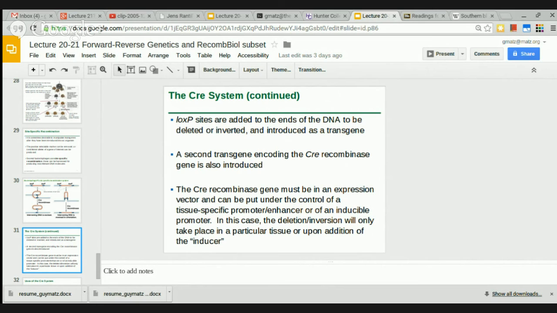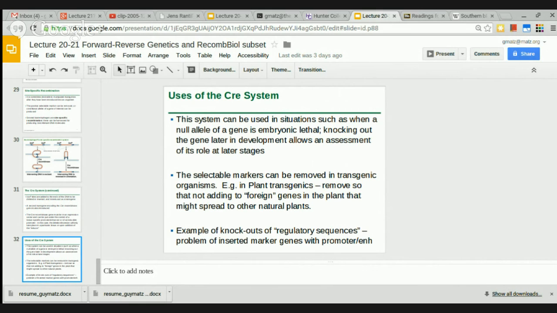Or I want to go into neuronal cells, and I only want to delete this gene in a particular type of neuron. There are lots of neurons in the brain. We don't know what they're all doing. Let's get rid of this gene in only a subset of those neurons. Well, I put Cre under the control of a promoter enhancer that works only in those neurons. Okay? So there's a lot of manipulation that we can do with this system.